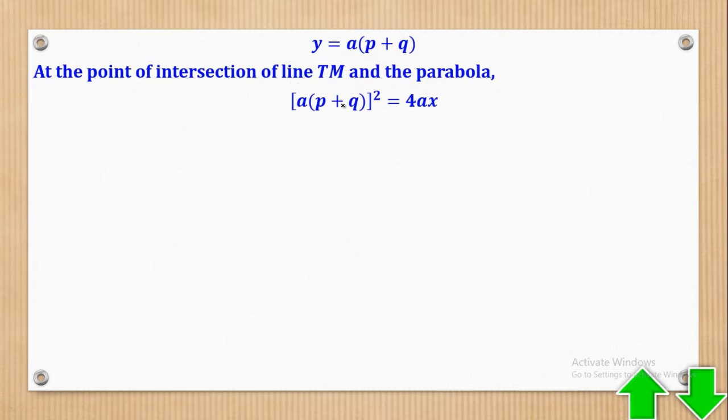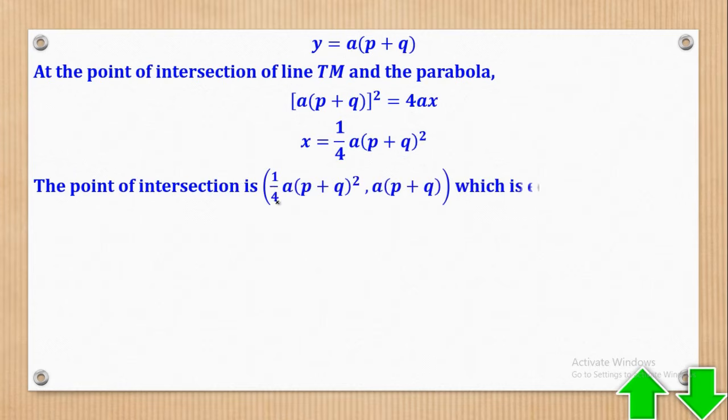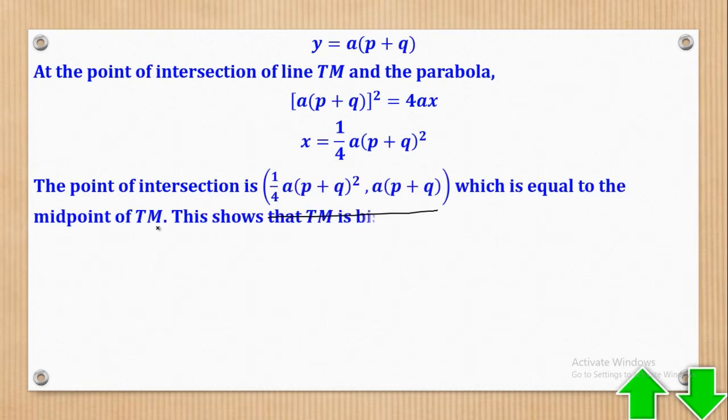So put the y coordinate there and then see if you get the same x coordinate as we got before. Now the intersection is this, which is equal to the midpoint of TM. What does that mean? It implies that TM is bisected by the parabola because the coordinates are the same.